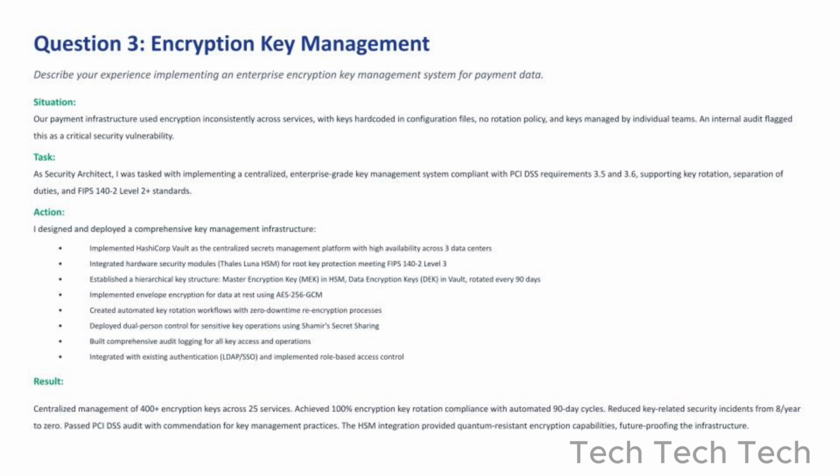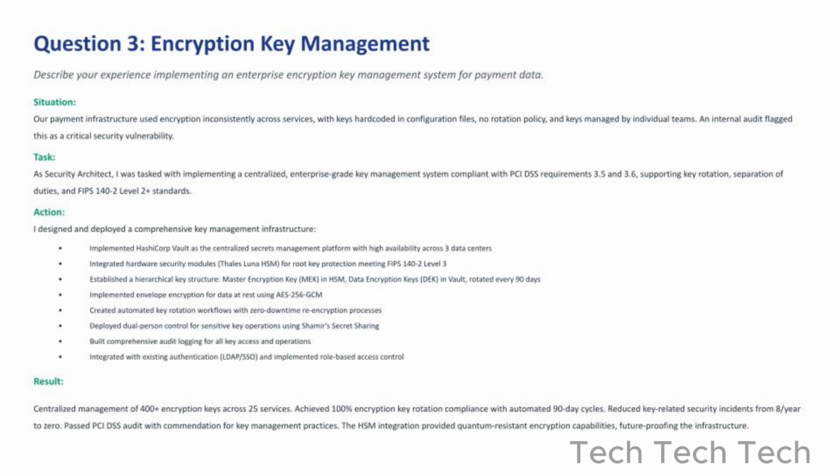Established a hierarchical key structure, Master Encryption Key, MEK, in HSM, Data Encryption Keys, DEK, in Vault, rotated every 90 days. Implemented envelope encryption for data at rest using AES-256 GCM. Created automated key rotation workflows with zero downtime re-encryption processes.